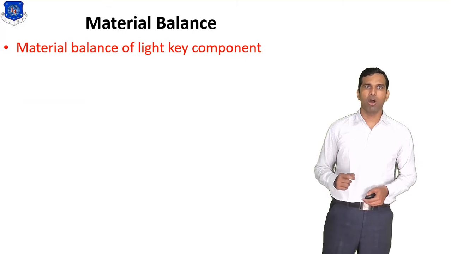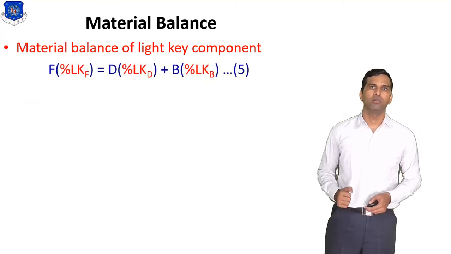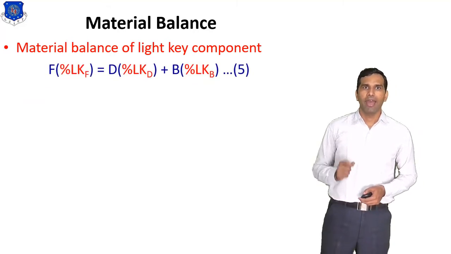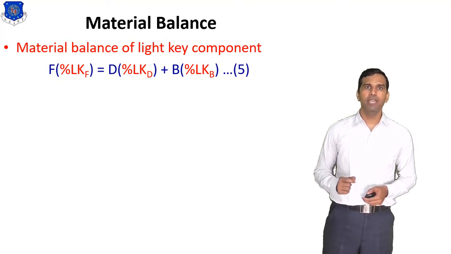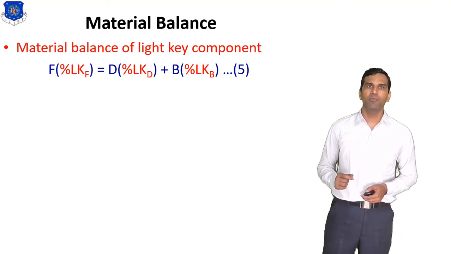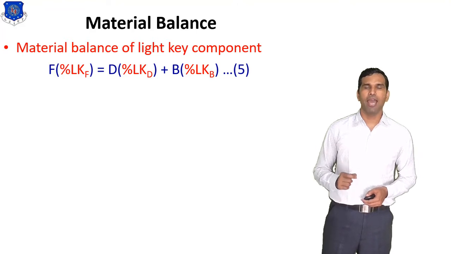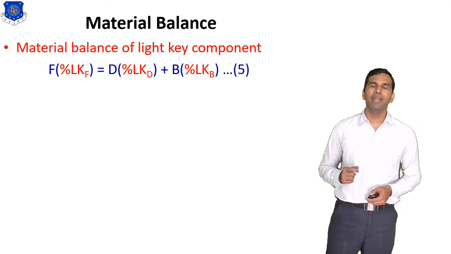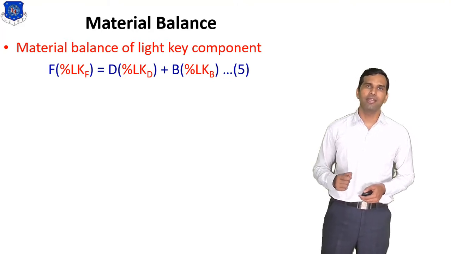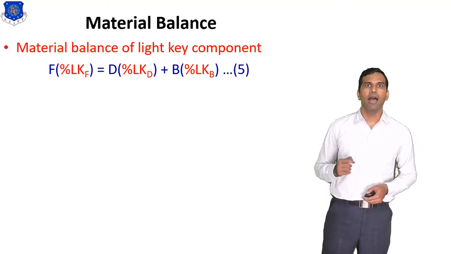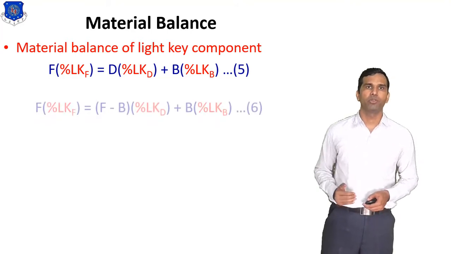Now the material balance of the light key component. F percentage LKF equals D percentage LKD plus B percentage LKB. Here LKF is the light key of the feed, LKD indicates the light key of the distillate, and LKB indicates the light key of the bottom.